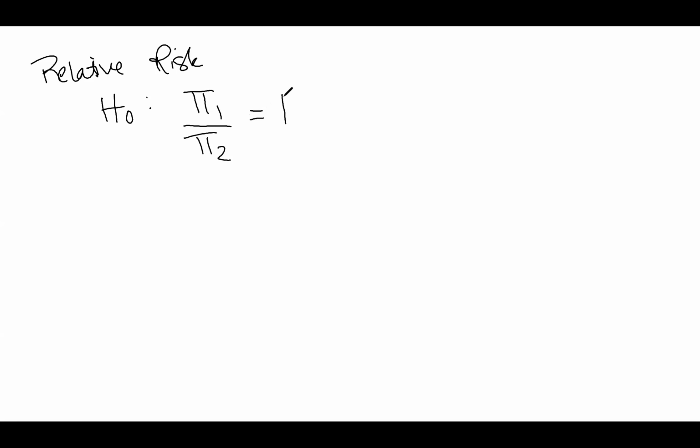So then we can also test relative risk. And this also tests that there's no association. But now, because we're looking at the ratio of proportions, we're assuming that the relative risk is equal to 1. Because if pi 1 and pi 2 are equal, then the ratio would be equal to 1.